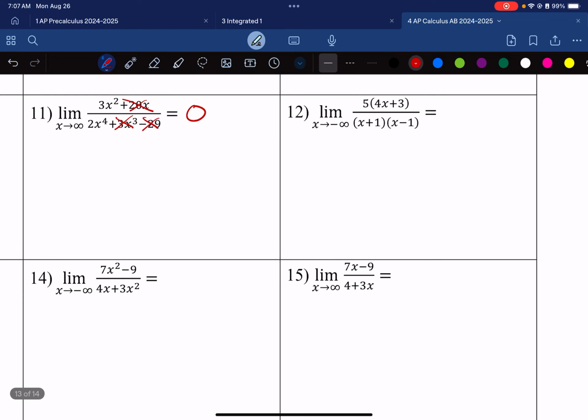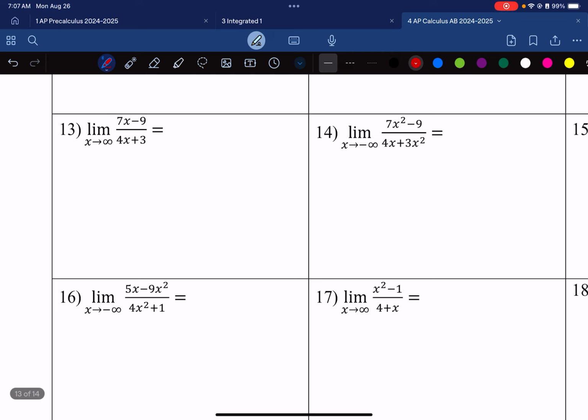In number 12, again, we need to multiply straight through, so I can cross off the smaller powers before I multiply through. When I multiply through, I'm left with a 20x in the numerator and an x squared in the denominator. Notice x squared is a higher degree than x, therefore this one is a 0.